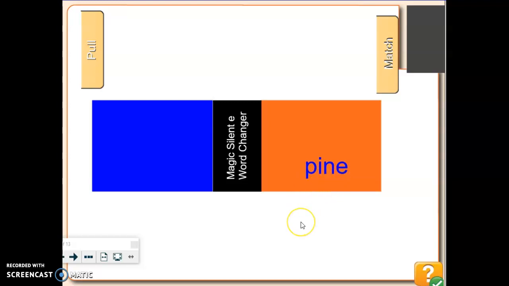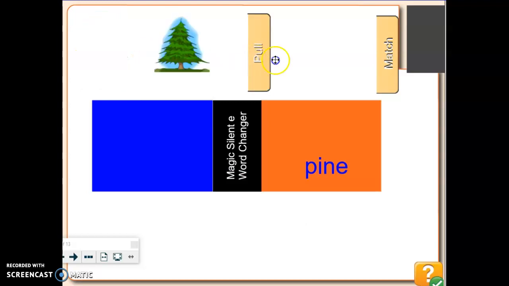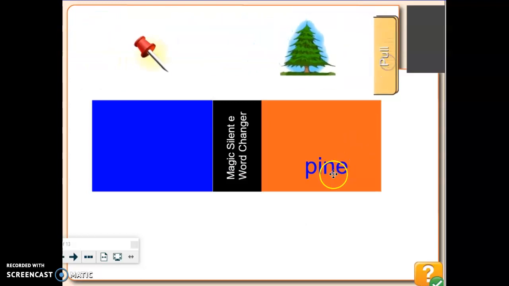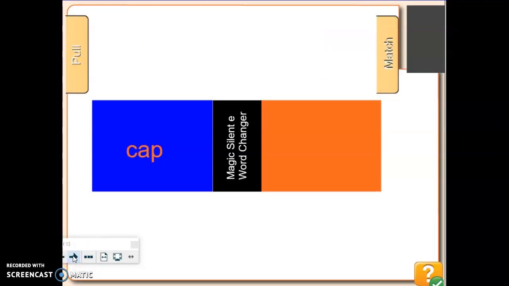P, I, n. Now what's the word? Pine. Okay, like a pine tree. So when it's got an E at the end, it's pine. And I in the middle with no E at the end is just pin.